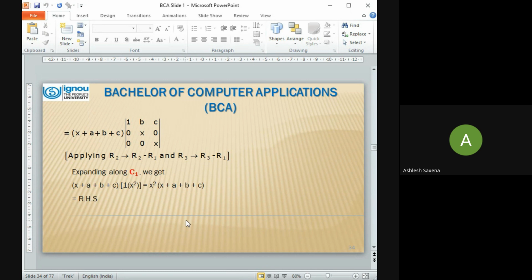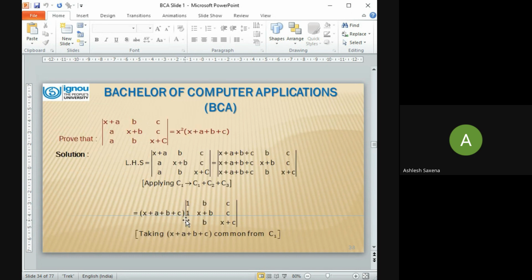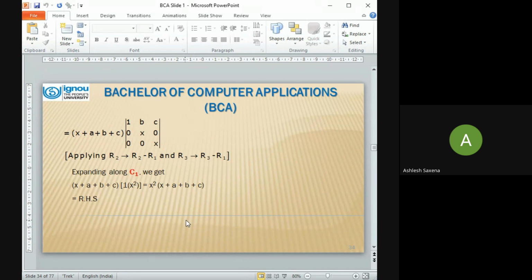Once you open it across 1, you will get x squared. That's it. Rest everything will be 0. And what was the question? X squared into x plus a plus b plus c. And you have got it.